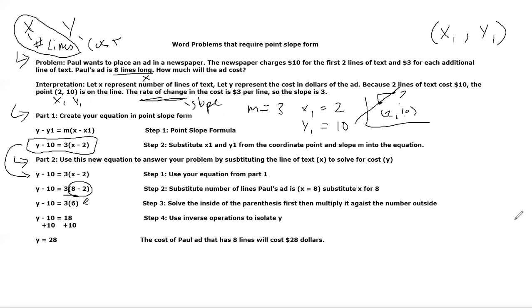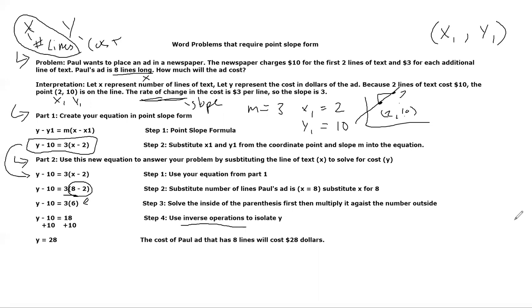The parentheses didn't go away yet. We're going to move on to the next step, which is to multiply against the number on the outside. So 3 times 6 is just 18. So we have y minus 10 is equal to 18. At this point, we're going to want to isolate the y, and we're going to do that by inverse operations.